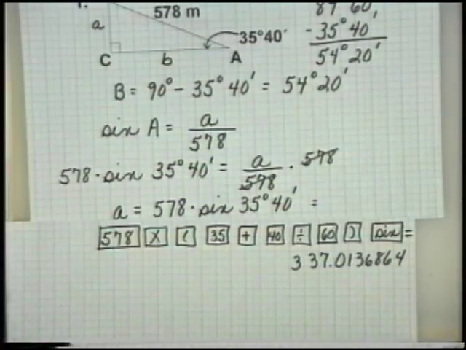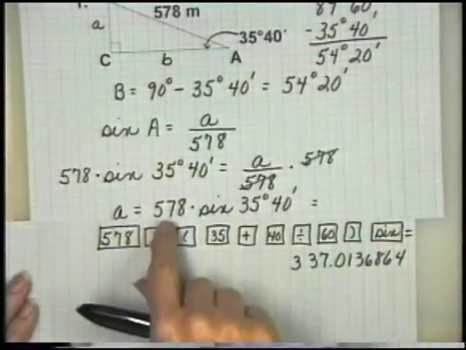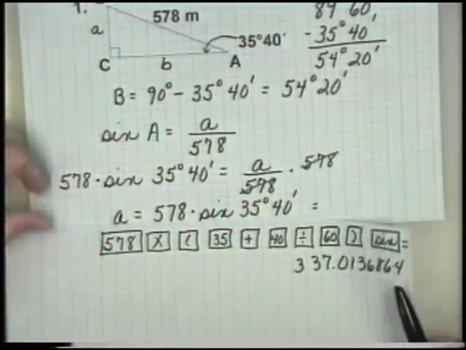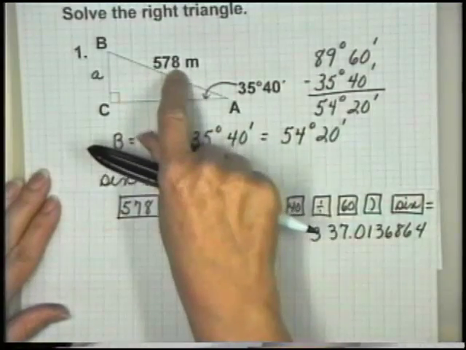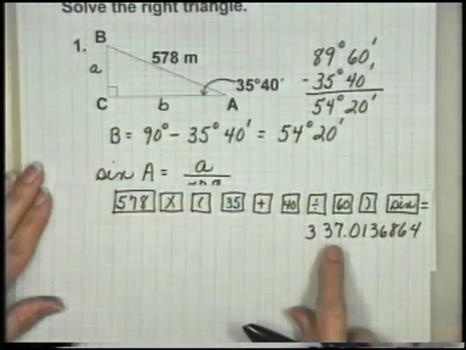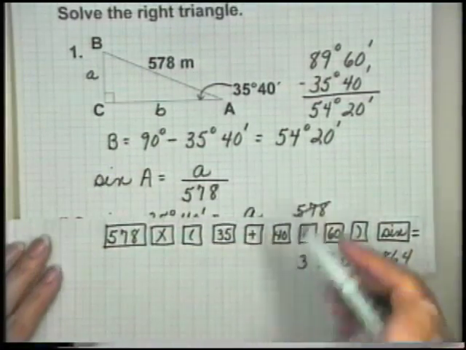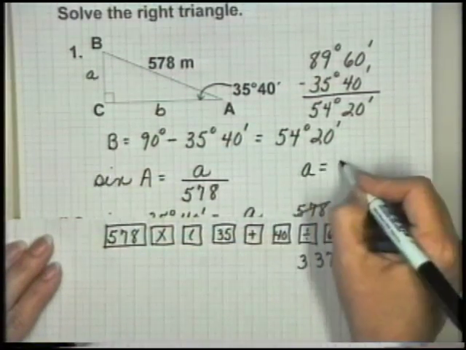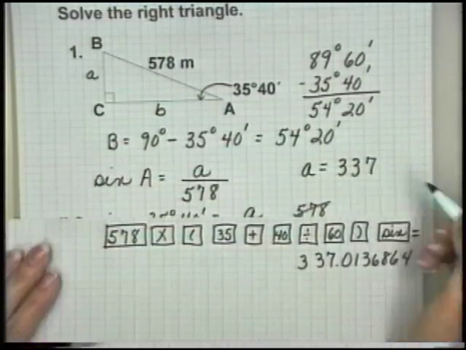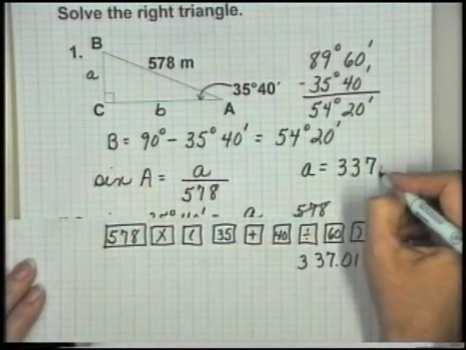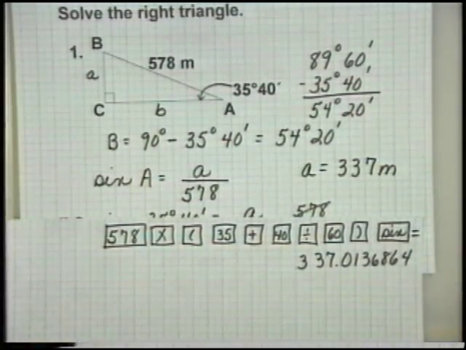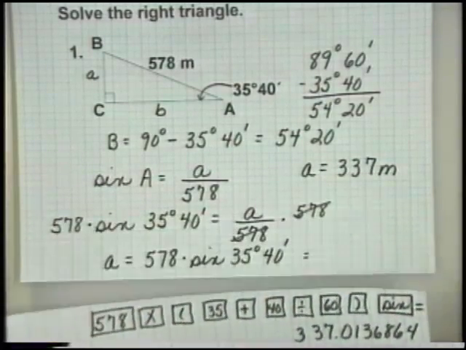Wait to round until you get to the end. And what do I need to round to here? I haven't actually rounded yet, have I? Because I was given the hypotenuse in 3 significant digits, then I want this rounded to 3 significant digits. So side A equals 337 meters.